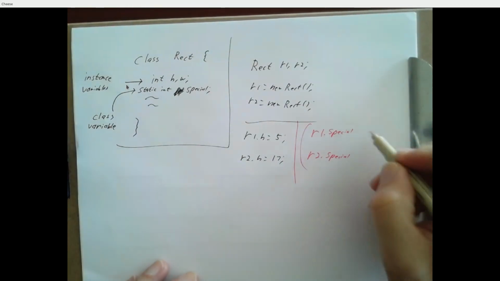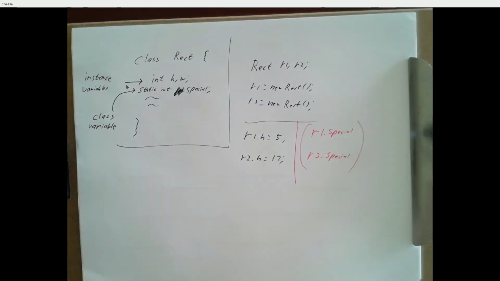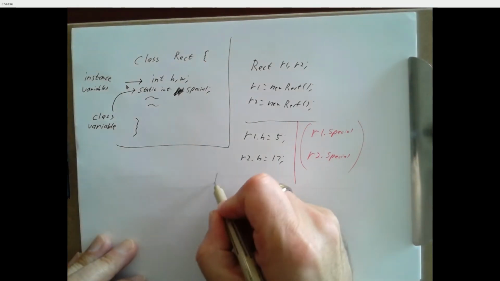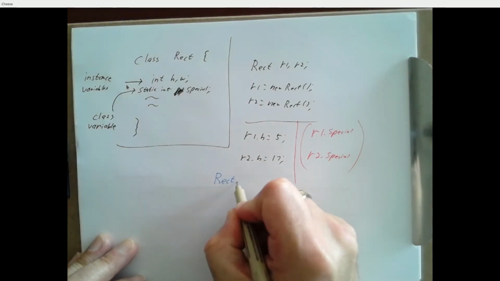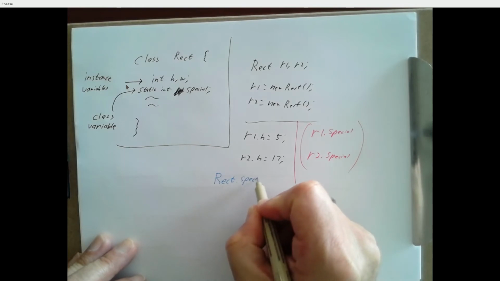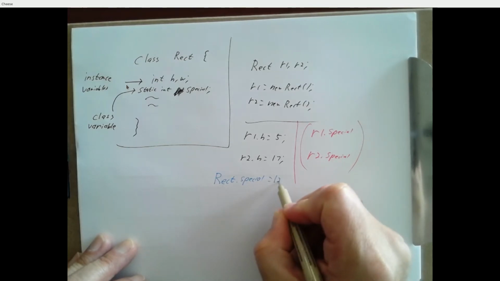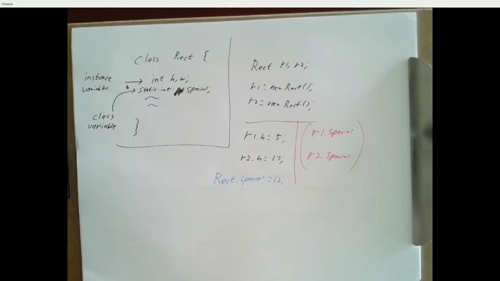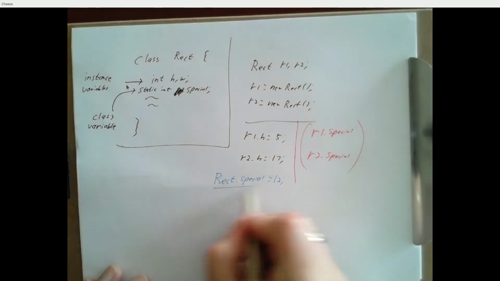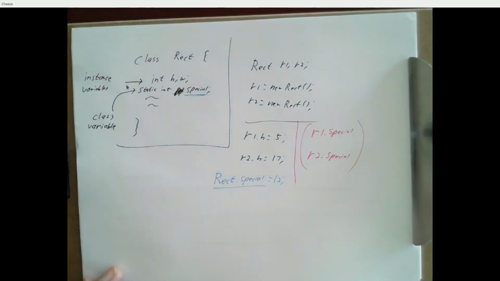But we're not supposed to access class variables using objects because it's deceptive. So the way you're supposed to access a class variable is actually with the name of the class itself, Rectangle.special. So this will refer to this one copy of that integer.